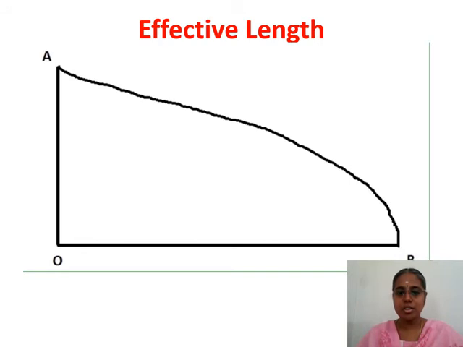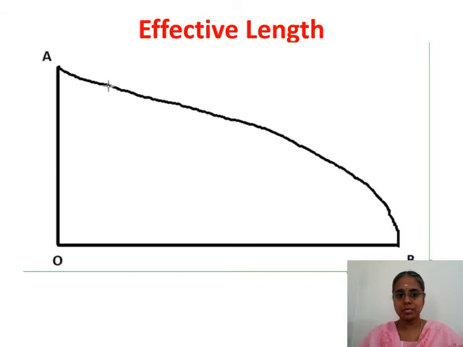Now we'll try to understand what is effective length. Now the same sorted diagram is taken, and in this, if you already know approximately some effective length, you are removing the length of fibers which are shorter than half of the effective length. I consider this is half of your effective length. Somewhere here is half of your effective length.